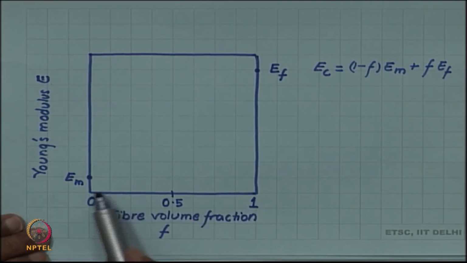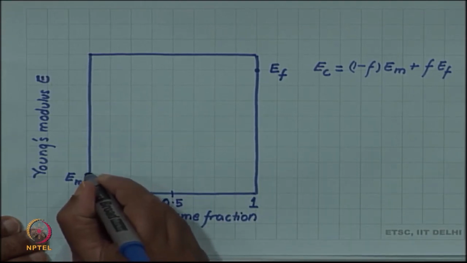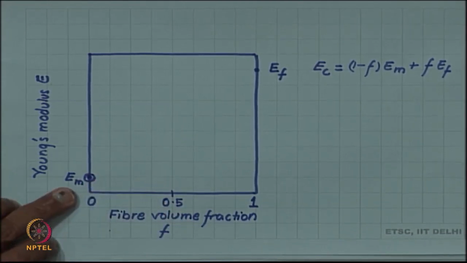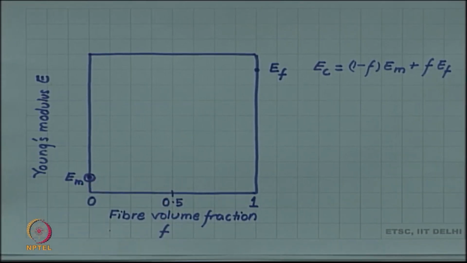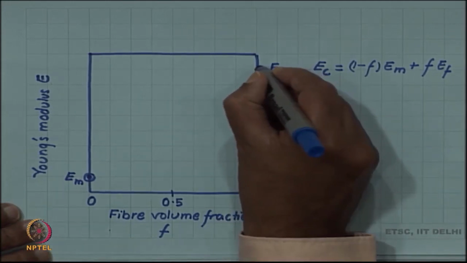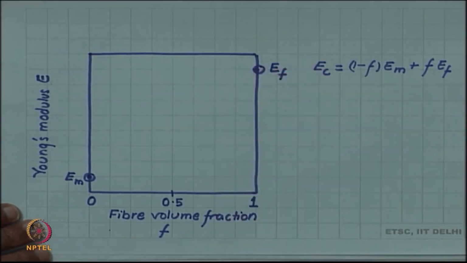So, at 0 volume fraction of fiber you have pure matrix, and the pure matrix has a modulus E m. And the pure fiber at volume fraction 1 you have only fiber.